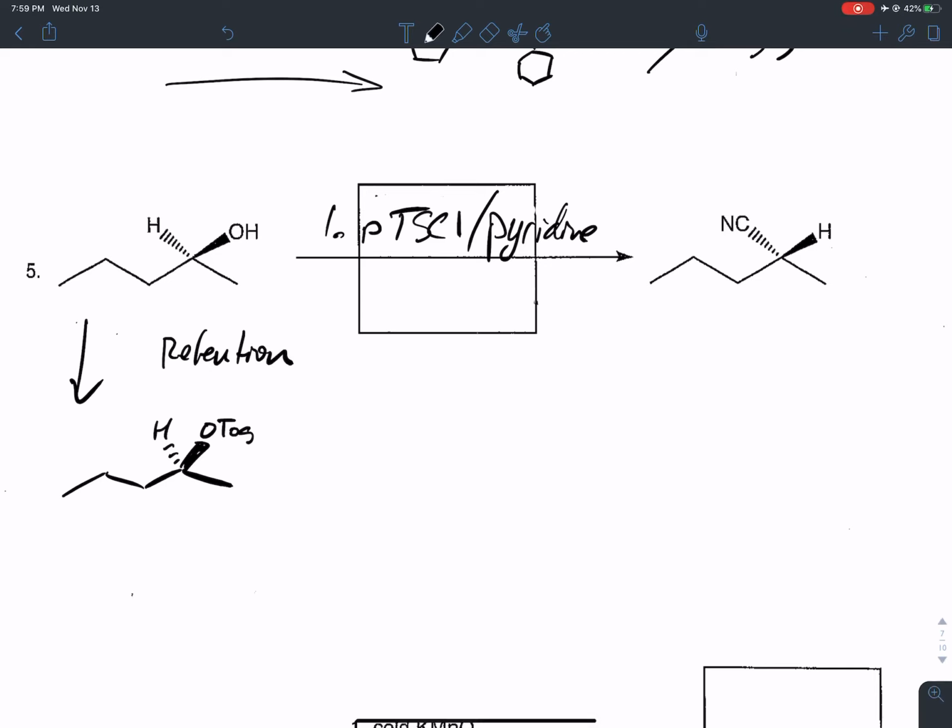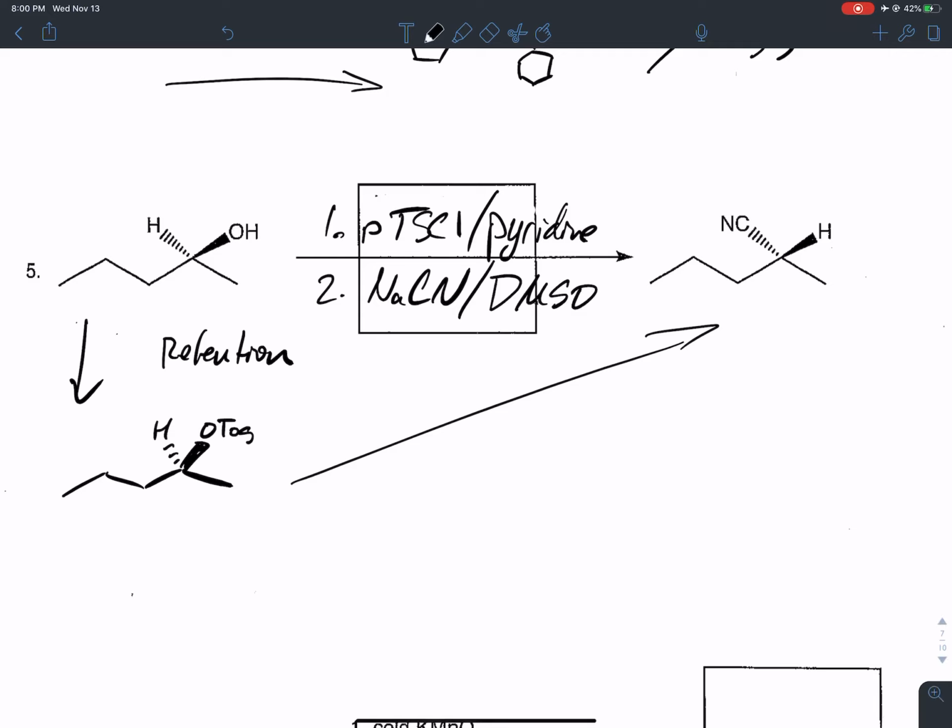right? So now we want to invert, right? And SN2 will do that for us, right? So we're just going to do an SN2 reaction. NaCN, cyanide is our nucleophile. What is a good solvent for NaCN, for an SN2 reaction? Yeah, you want a polar aprotic solvent, so DMSO is a good option.